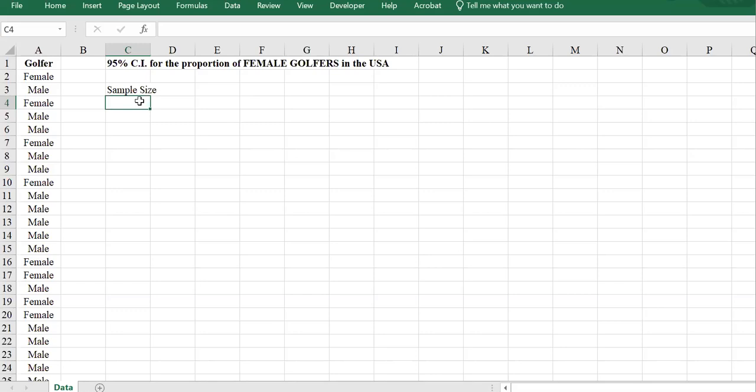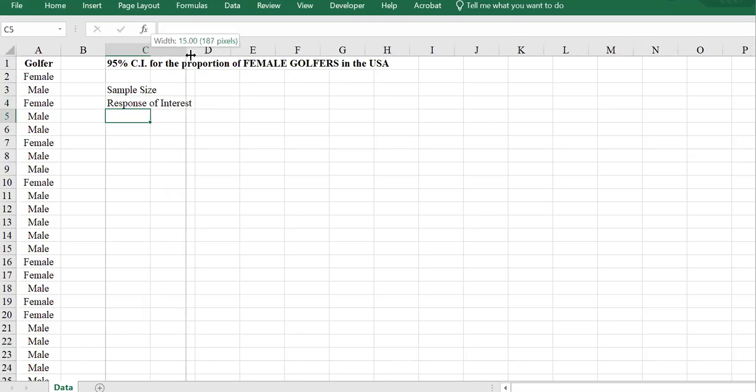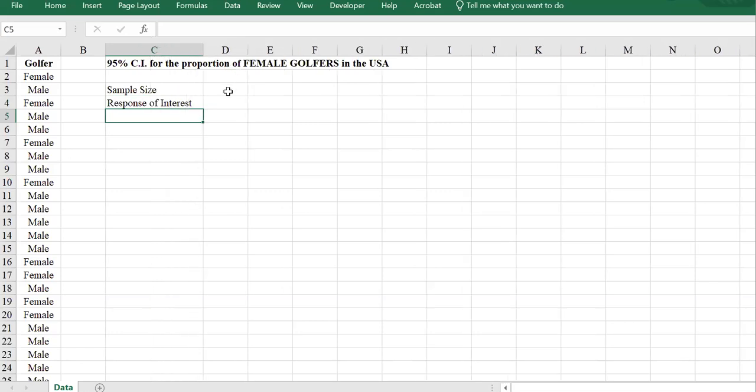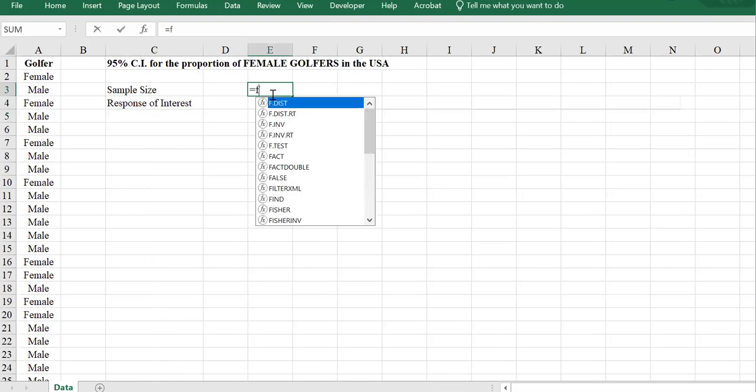All right, so first we're going to get the sample size, and I'm also going to record the response of interest, basically the gender of interest, which is female. So I'm just going to basically compute them as I'm writing.